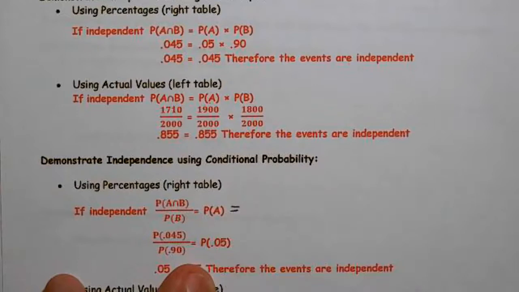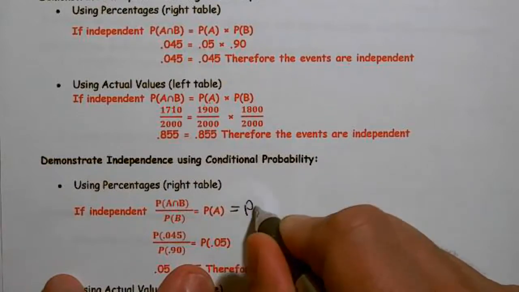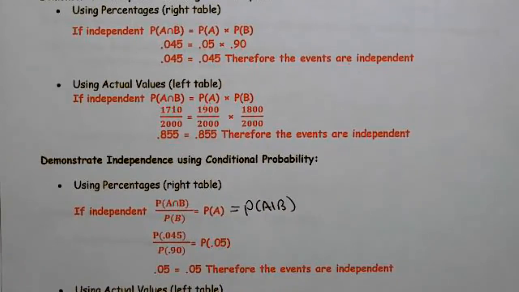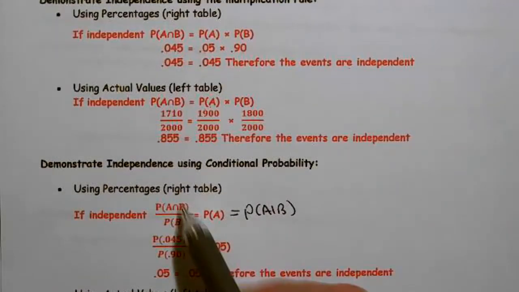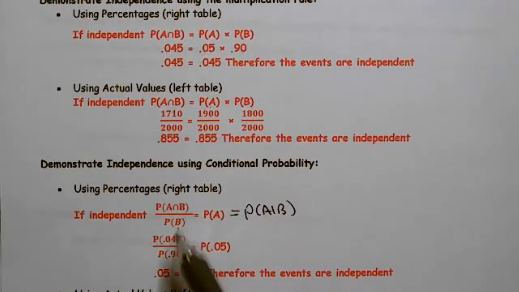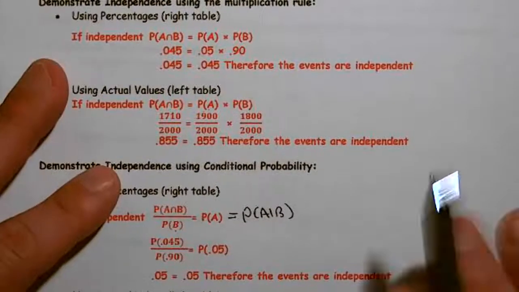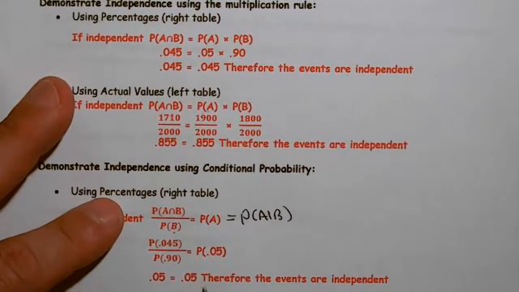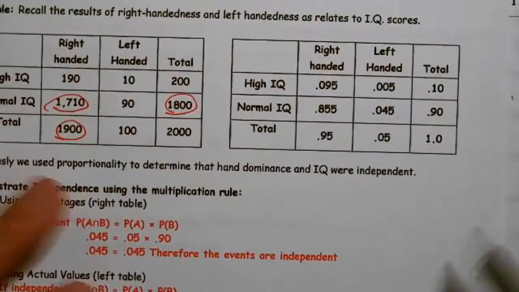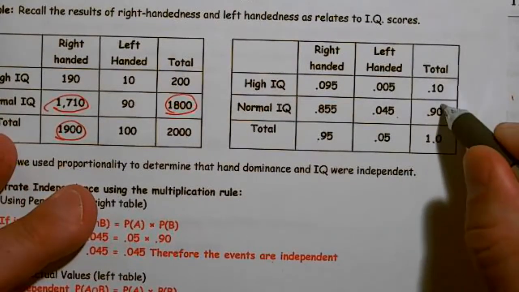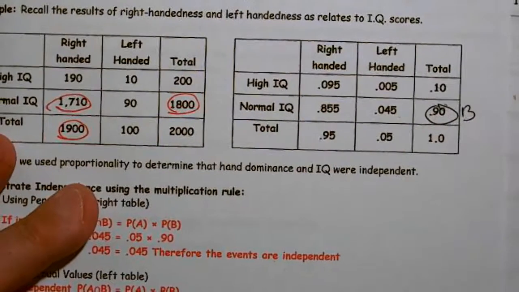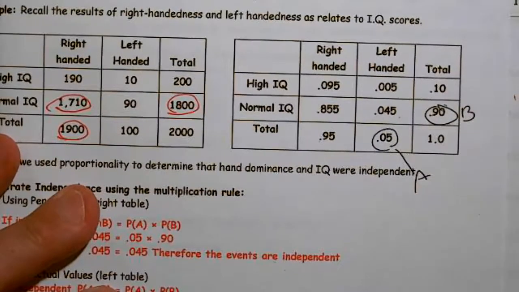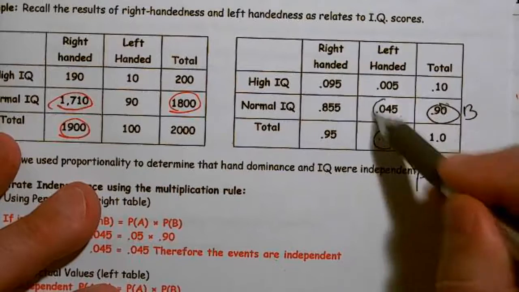It's not going to help us for this problem, but you do need to know this: it equals the probability of A given B. So this is the intersection divided by B, and it needs to equal A. Looking back at my table, we're defining B as the 90%, and the 0.05 right here is A. This is my intersection.